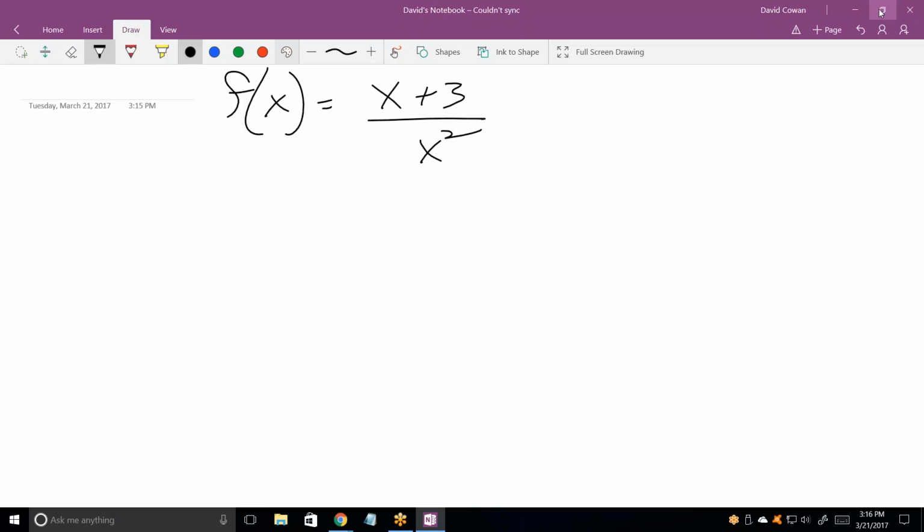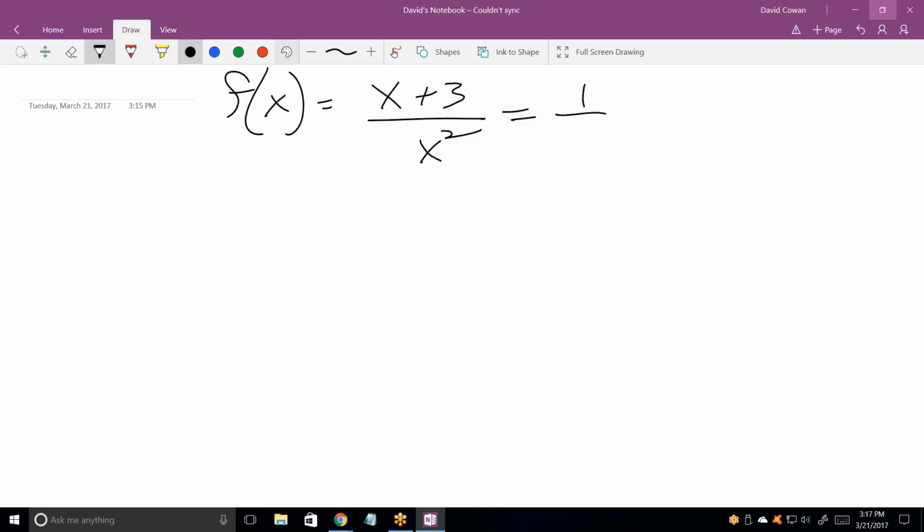I could use the quotient rule, right? I'm looking at a quotient, but the quotient rule is hard. Quotient rule involves not only a lot of complex algebra, but a lot of complex simplification. So if you do not have to use the quotient rule, let's not use it.